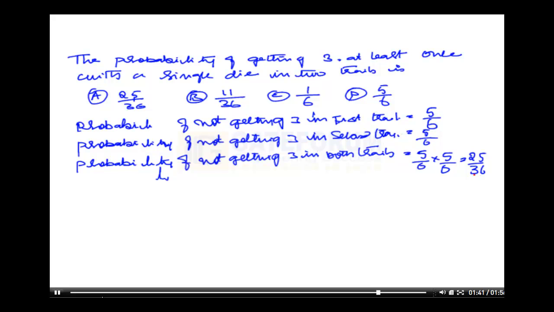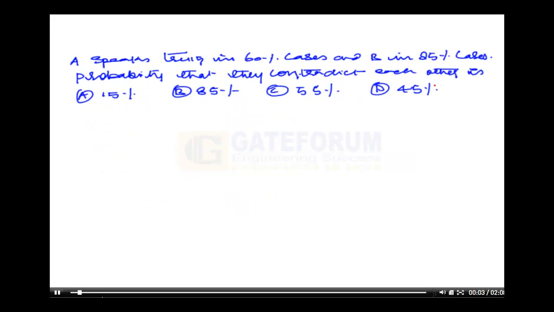So here the probability of not getting 3 in both the trials is 25/36. Therefore the probability of the event of getting at least once is 1 minus 25 by 36, that is equivalent to 11 by 36. Therefore B is the answer.